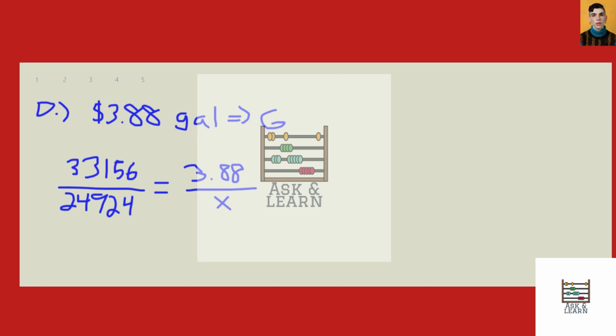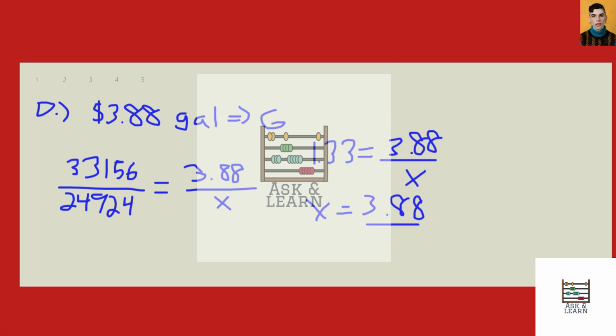X. Now we know this is one. We know that 1.33 is equal to 3.88 over x. Then x is equal to 3.88 over 1.33, and we get our answer.